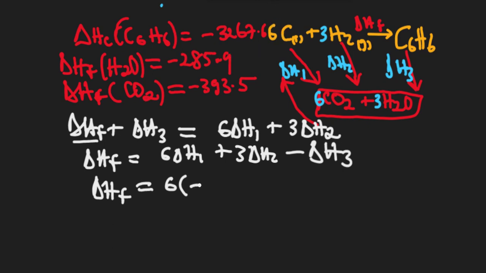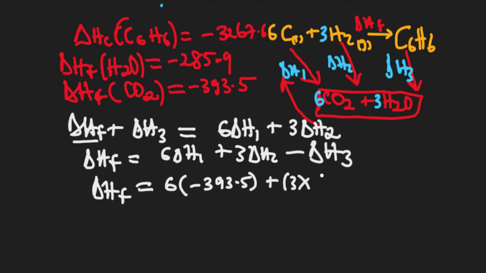We have minus 393.5, plus 3 times delta H2. Delta H2 is the enthalpy of formation of water, or combustion of hydrogen.